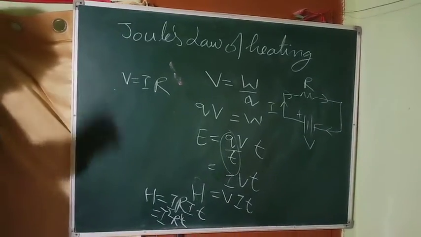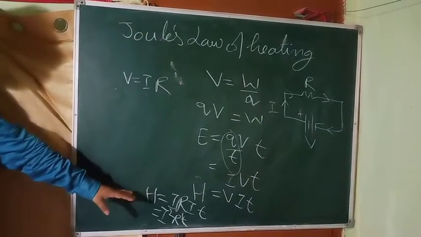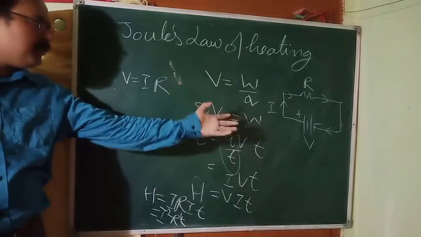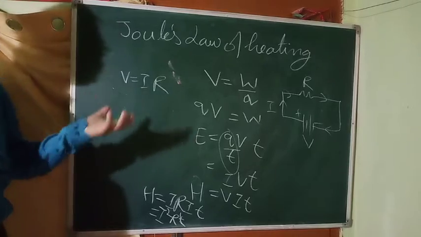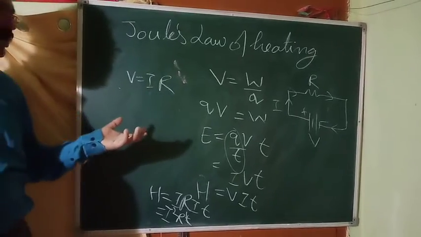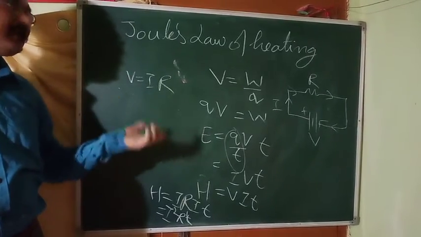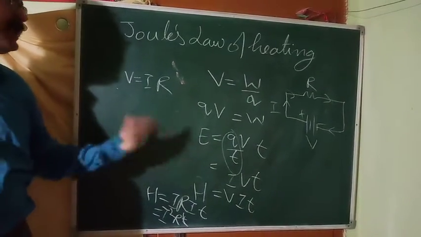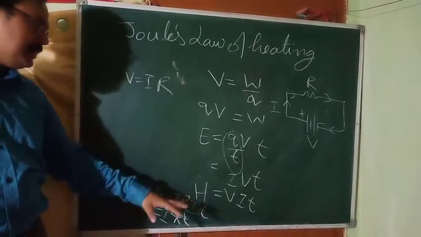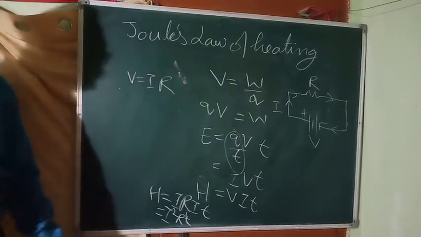In this way, we come to know that whatever work the battery is doing to maintain the current produces the electrical energy in the circuit, and when that electrical energy passes through the resistor, it gets converted into heat energy in the resistor, and that heat energy has this expression.